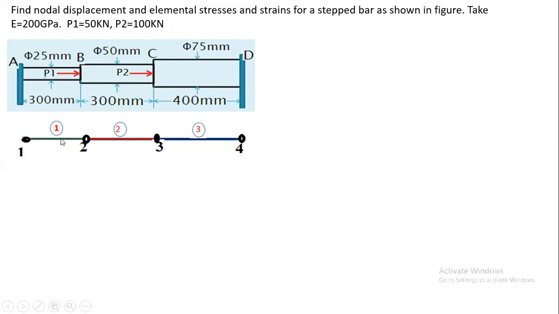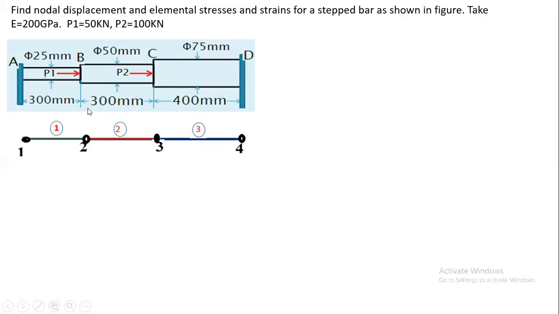The first element is for the first part, the second element is for the second part, and the third element is for the part C to D. Now these are the node numbers: node 1, node 2, node 3, and node 4. Node number 2 connects element number 1 and element number 2. Node number 3 connects element number 2 and 3.